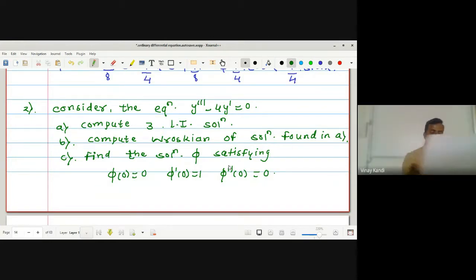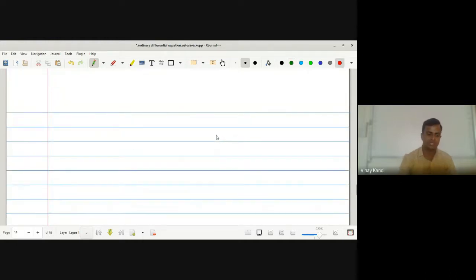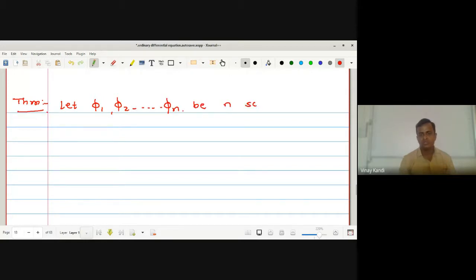Now the next theorem is that let phi 1, phi 2 up to phi n be n solutions of L of y is equal to 0 on an interval I containing a point x naught.